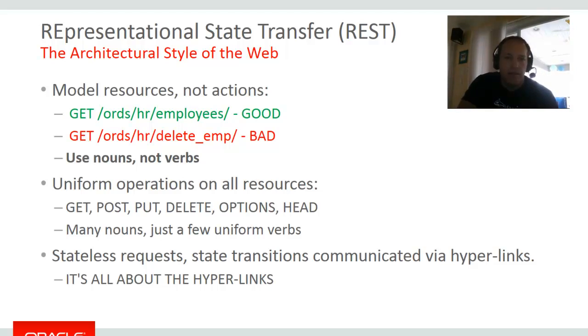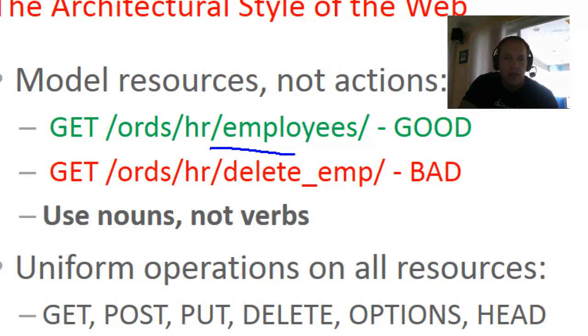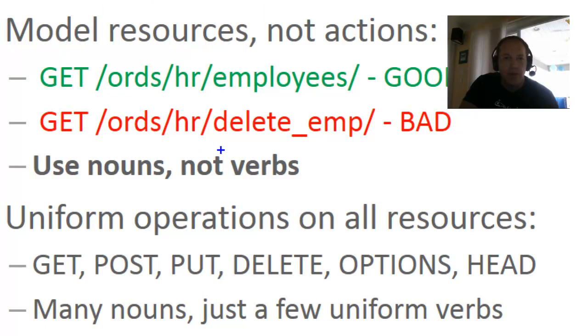So in this example, I've got something called employees as a resource, and we perform verbs against that resource. I'm going to get or put or post or delete on employees. I am not going to create a resource called delete imp and do a get on that.